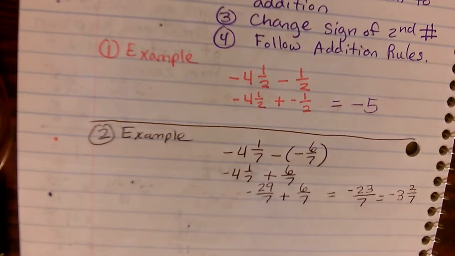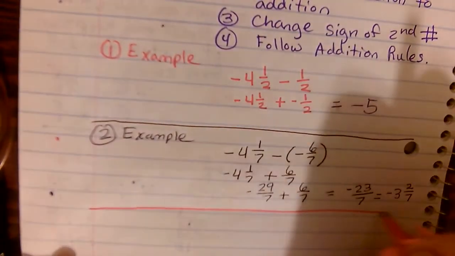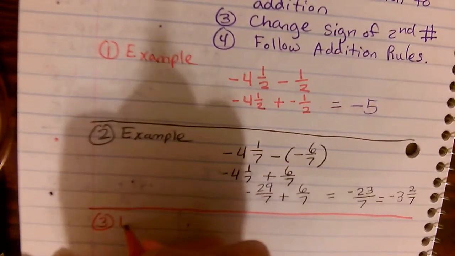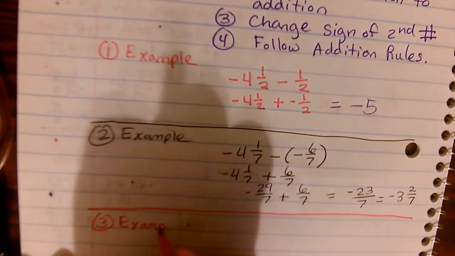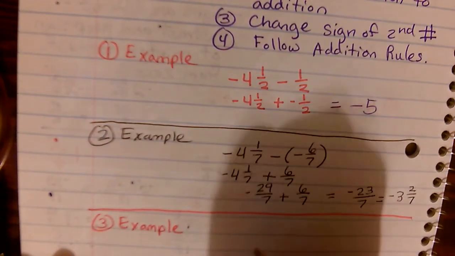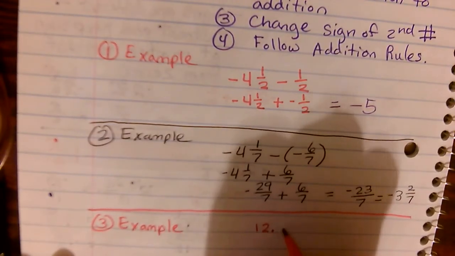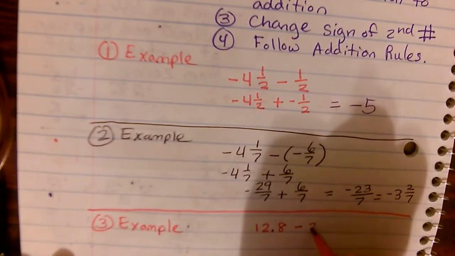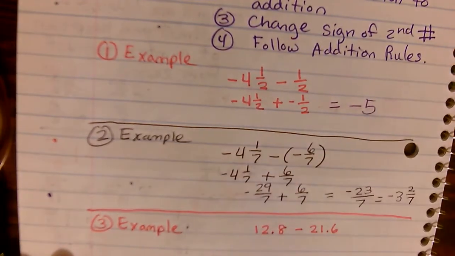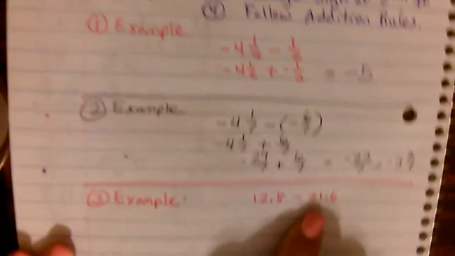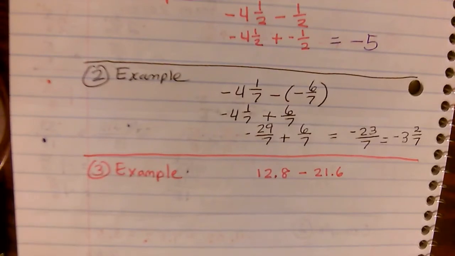And the last example, before we go into your workbook, is example 3. If we had 12.8 minus 21.6, take a look at something. The second number is larger. Let's follow the rules.